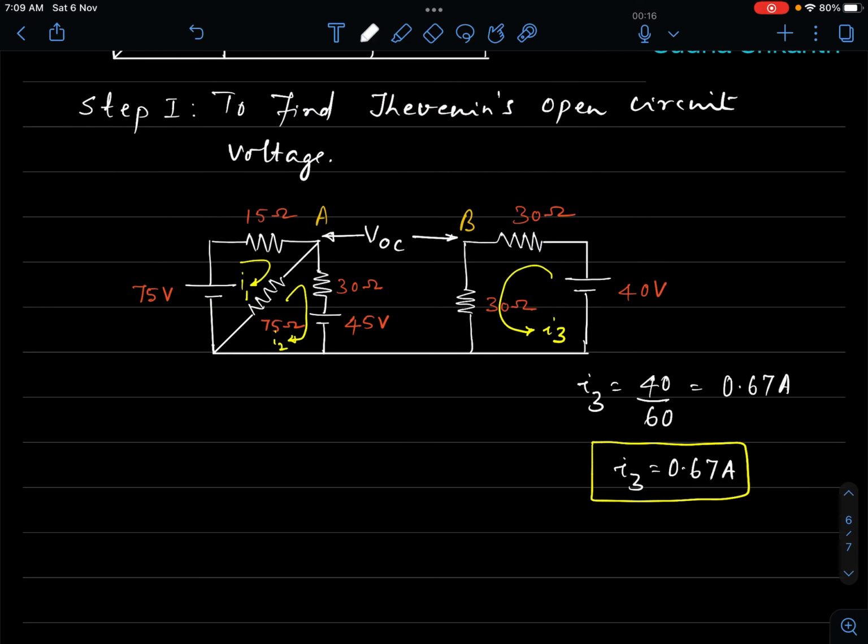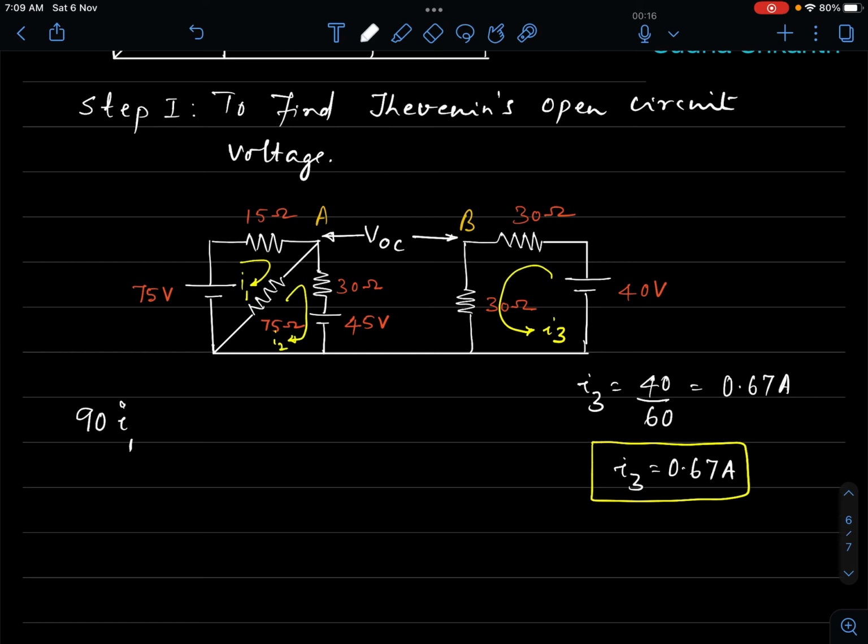Now we will go back to the equations. We'll write mesh equations for the two meshes, 1 and 2, carrying currents I1 and I2 respectively. How do we do that? We combine all the resistances that come under mesh 1, that is 75 plus 15, which is 90 ohm resistance, with I1 as the current.